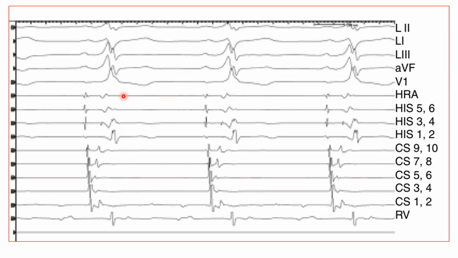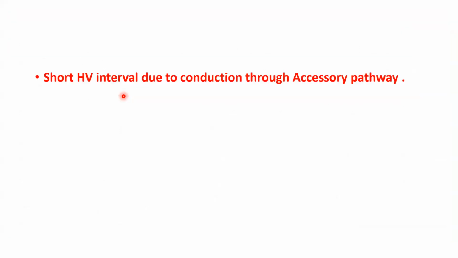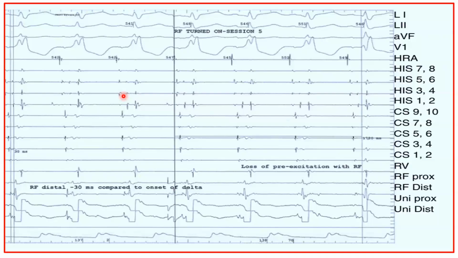So there is no His spike when there is an accessory pathway and no activation of the AV node. So short HV interval is due to conduction of the accessory pathway.